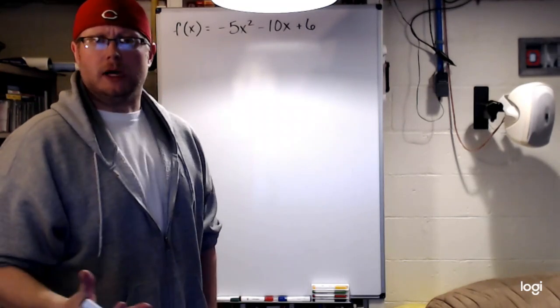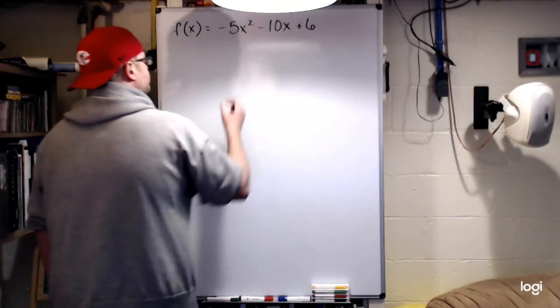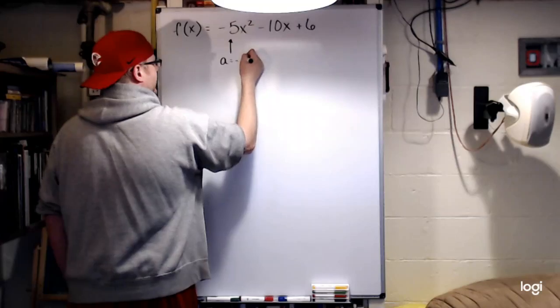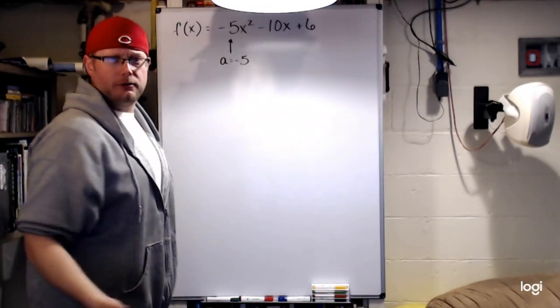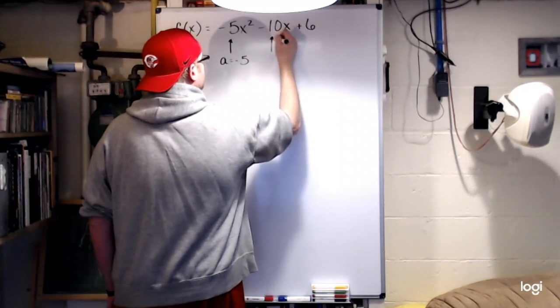First things first, identify a, b, and c, like I mentioned in the previous problem. A in this case is going to be negative 5, because that is the coefficient out in front of x squared.